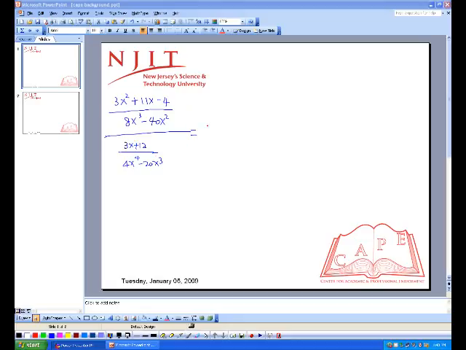So that means the fraction in the numerator divided by the fraction in the denominator is the same as the fraction in the numerator multiplied by the inverse of the fraction in the denominator.